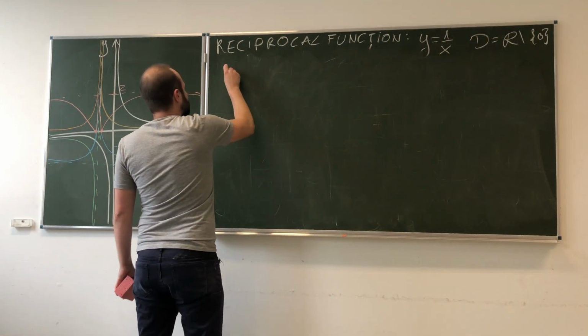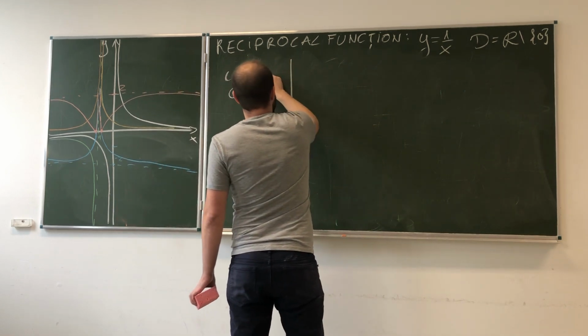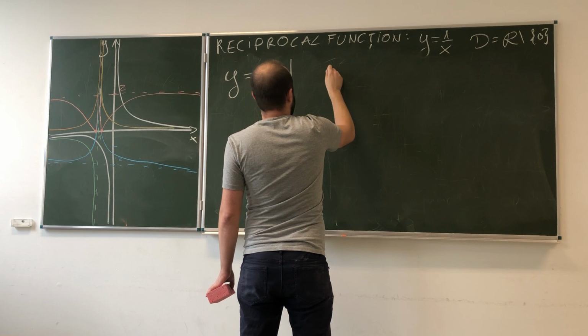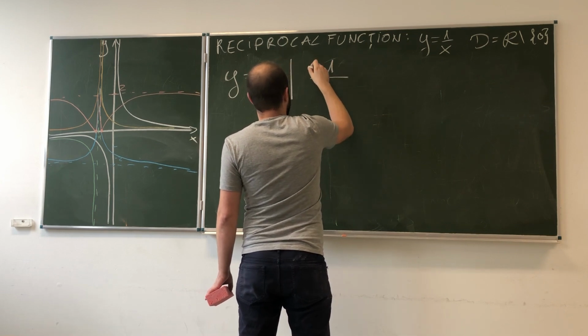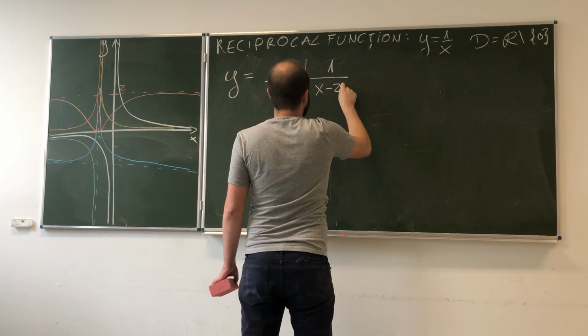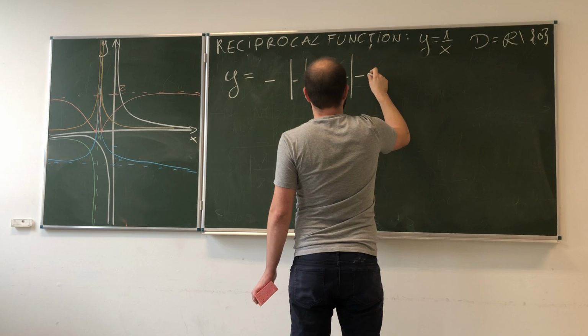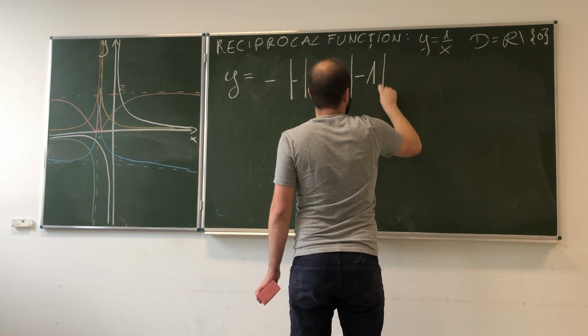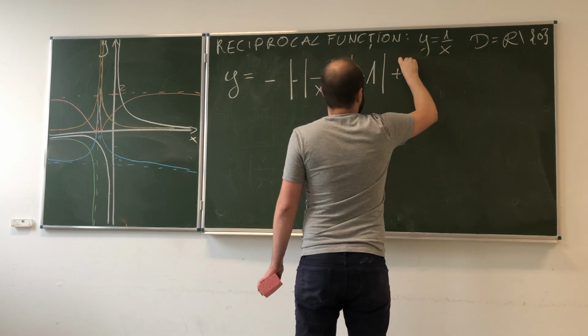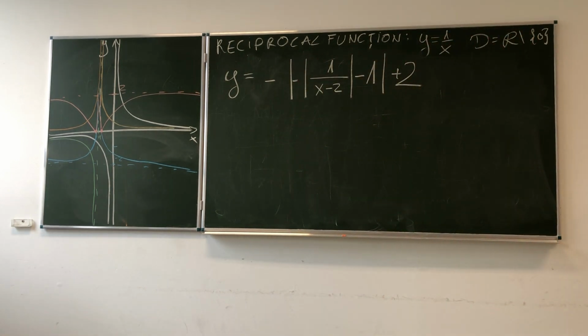Okay, so now let's say that the function we got is a negative absolute value of 1 over negative x minus 2 minus 1 plus 2.